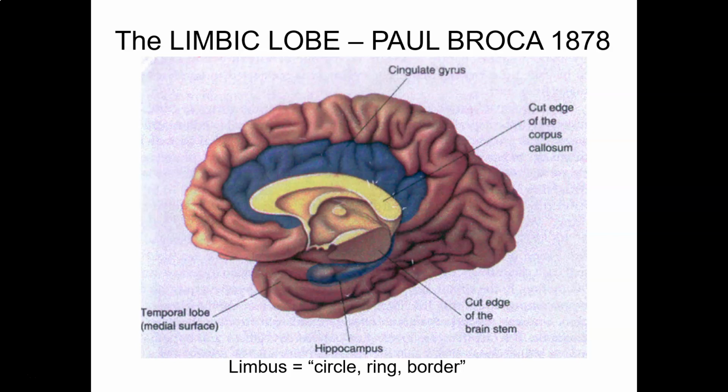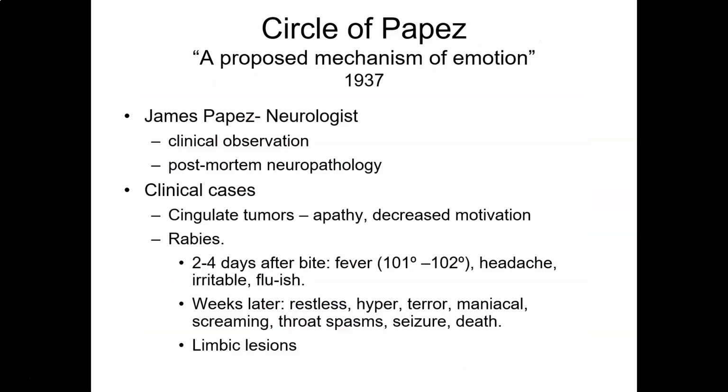The next person to really talk about the development of the limbic system was James Papez. He was a neurologist, and he proposed a mechanism of emotion that he referred to as the circle of Papez. It was basically designed to be a modification and an enhancement of Broca's limbic lobe.